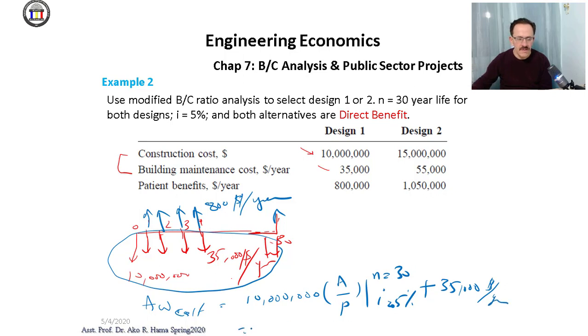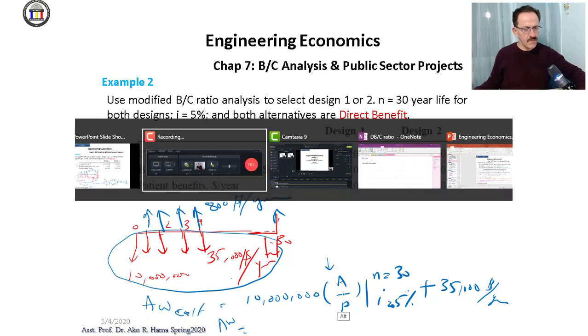So I will get the value of the annual worth of this project, and we have to find A over P from the table, for n equal to 13 and i equal to 5%.